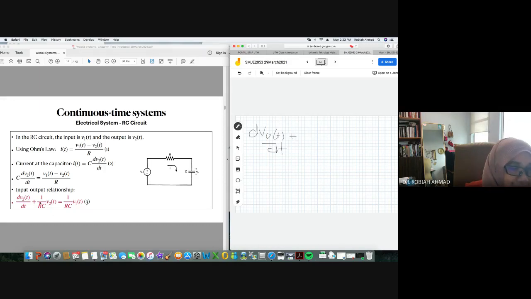We simplify here in terms of a differential equation: dVo/dt plus 1 over RC Vo, and finally we have our input, which is 1 over RC Vs. So this is our equation for the electrical system, the RC circuit.